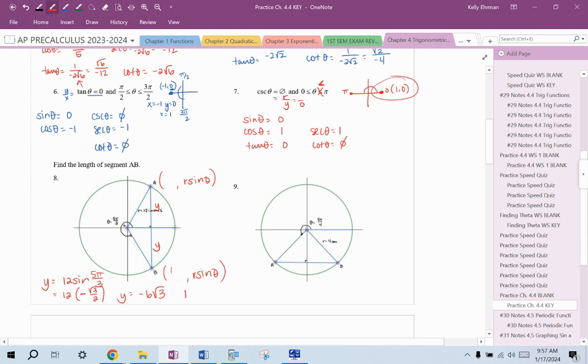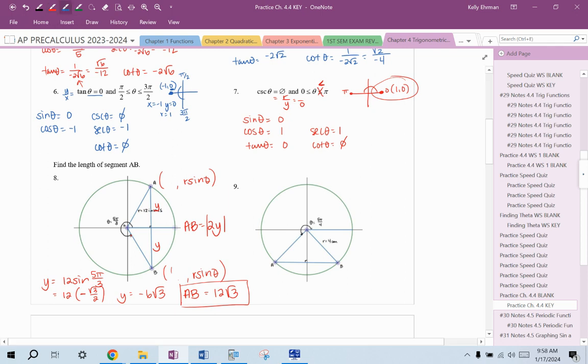We want distance between A and B, so ignore the negative. We're just going to make it positive because we're talking about a distance. So 2 times y is equal to 12 radical 3. AB is equal to 2 times y. And I've put an absolute value around that just to say I'm making it positive no matter what.